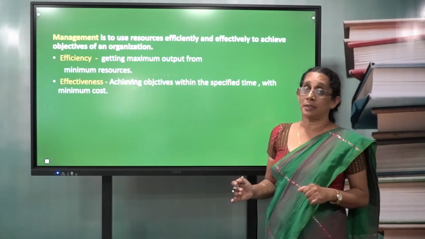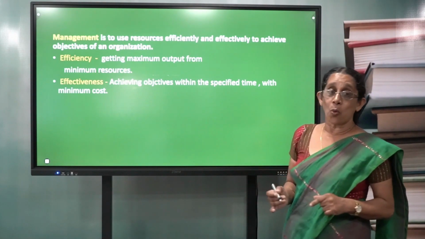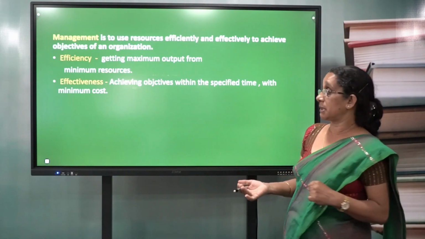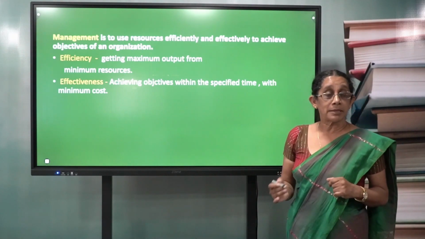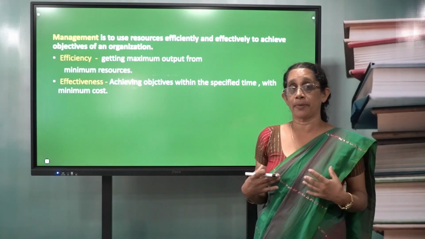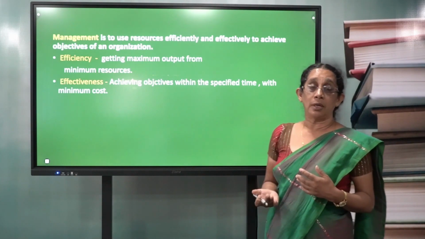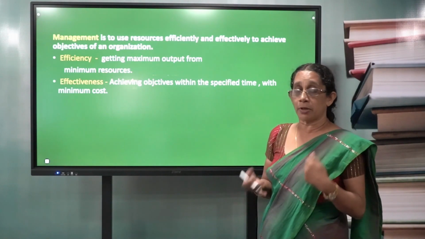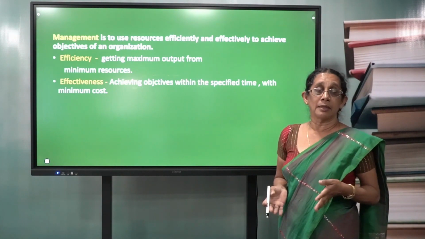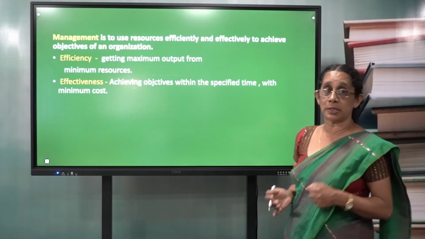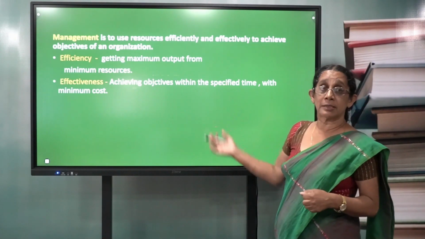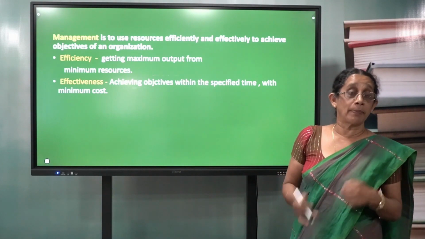So management shows how resources are, or should be, utilized by businesses to achieve their objectives. Even as people, we should learn how to use limited resources. We also have a limited income or limited resources, and we should use them carefully. Therefore, management is important for businesses and even for the day-to-day lives of people.